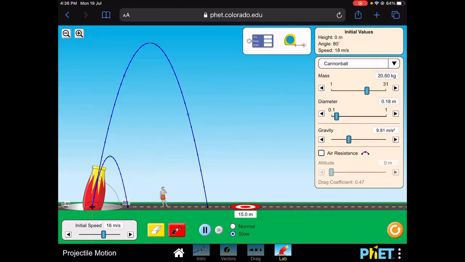I increased it to 20.60. I didn't change the speed. Let's try and see. Did it depend? No, sir.